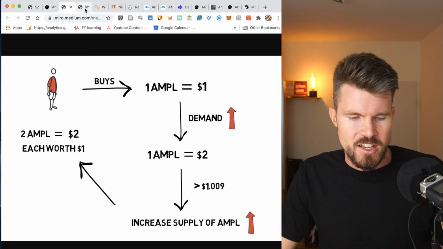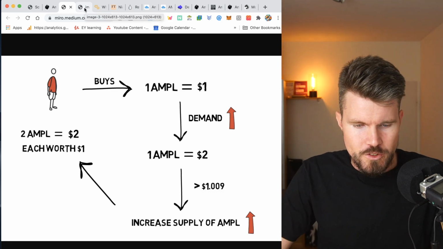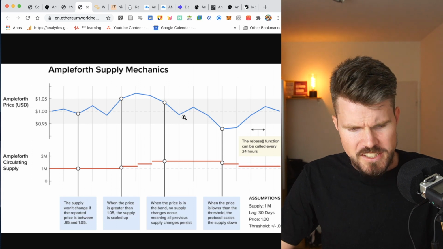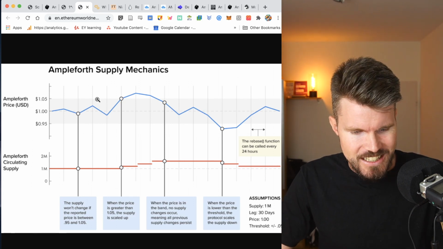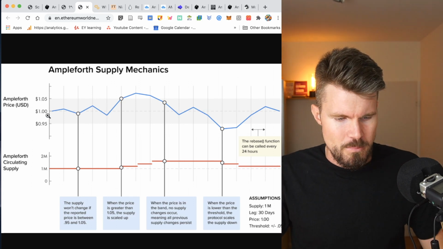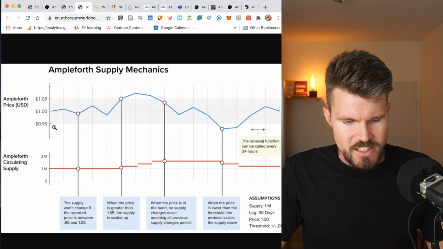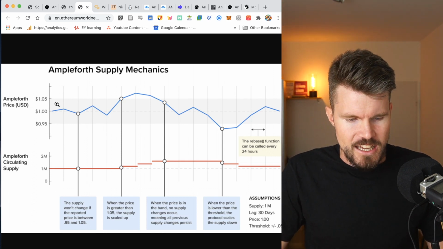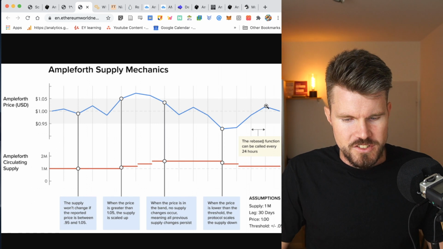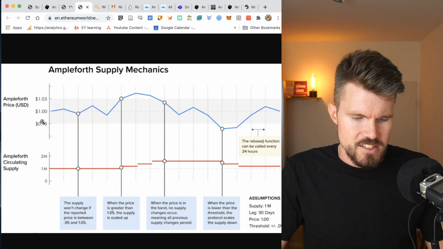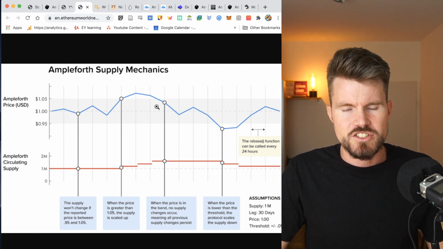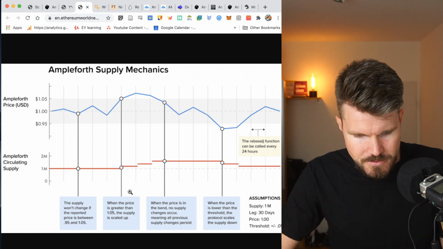Let's bring another graphic to highlight a few important aspects. So this is the AMPLEFORTH supply mechanics. This is a very important band, and it is between 95 cents and $1.05. As long as the price is within this band, there's no change to the circulating supply.